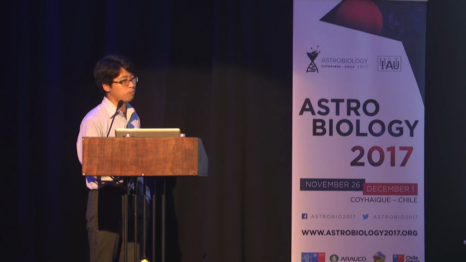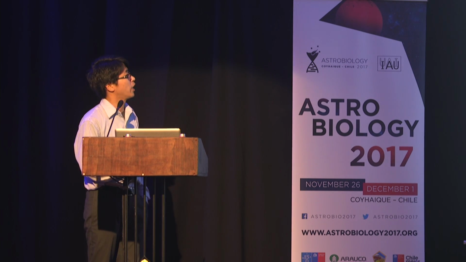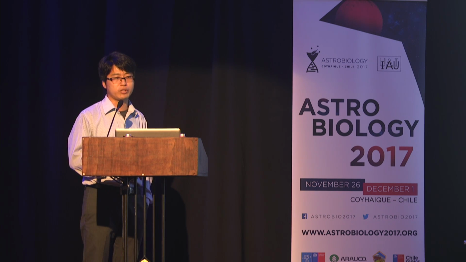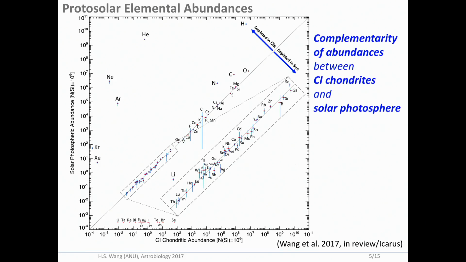The elements above the line, such as noble gases, hydrogen, carbon, and nitrogen, are depleted in CI chondrite but well determinable for the solar photosphere. The elements below this line, such as lithium, are depleted in the photosphere but well preserved in the primitive meteorites.